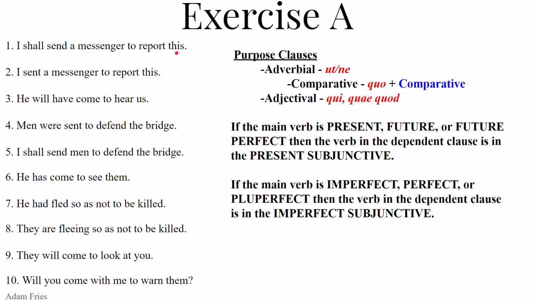The purpose of the messenger, the antecedent, is to report this. So we want qui, the relative pronoun, to agree singular masculine with the messenger. And because he's the subject of this clause, nominative, so qui. And then everything else will be the same. The direct object will still be either hoc or id, and the verb will still be nuntiet. The only thing we've changed is that we've exchanged the adverbial ut for the introductory adjectival qui, quae, quod, qui.